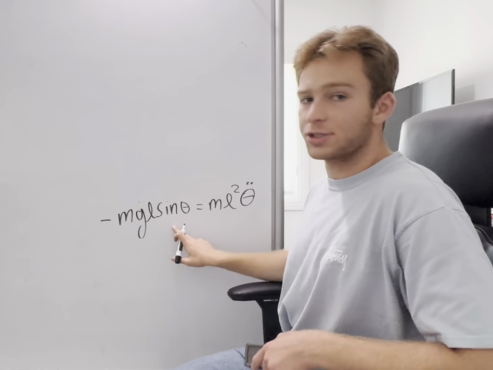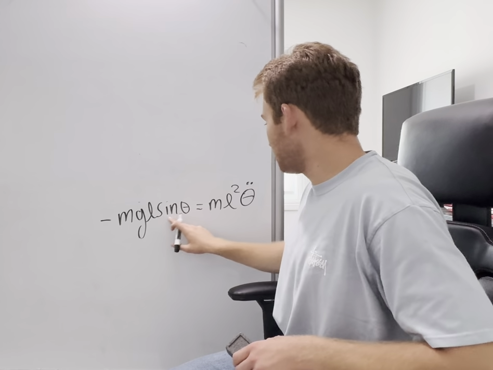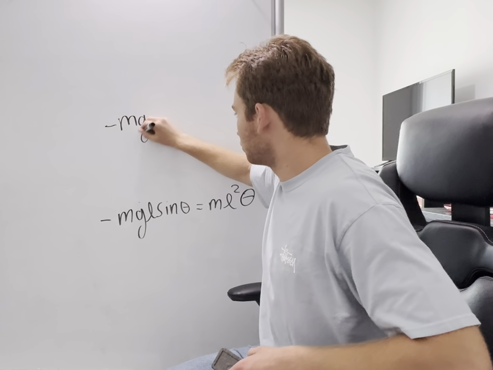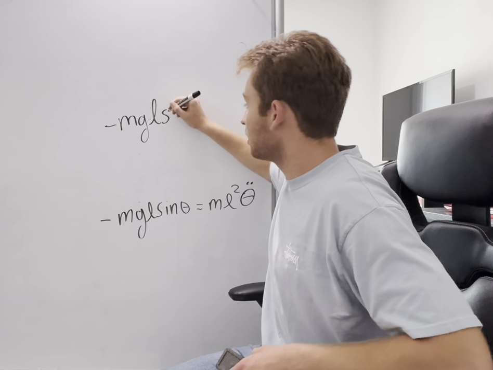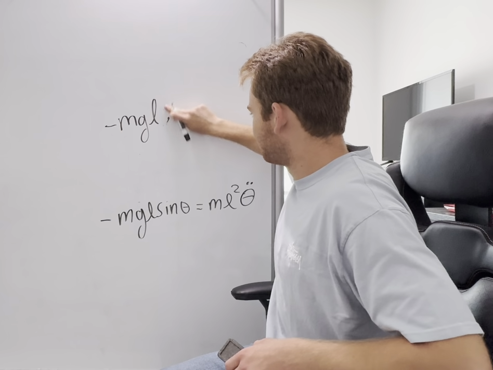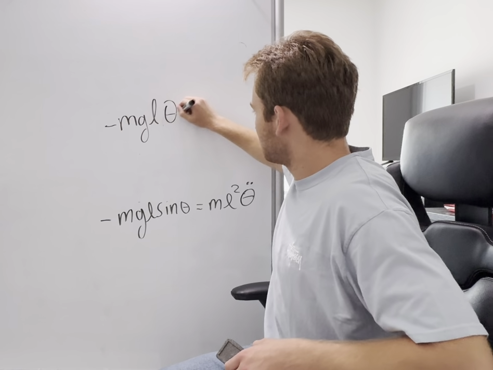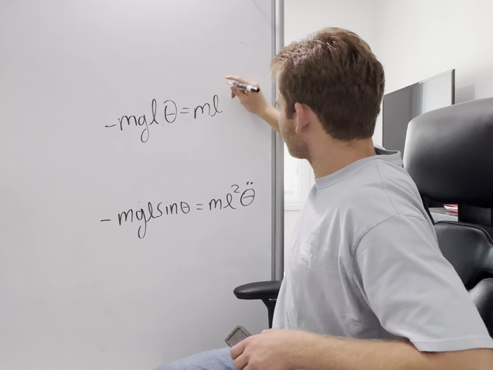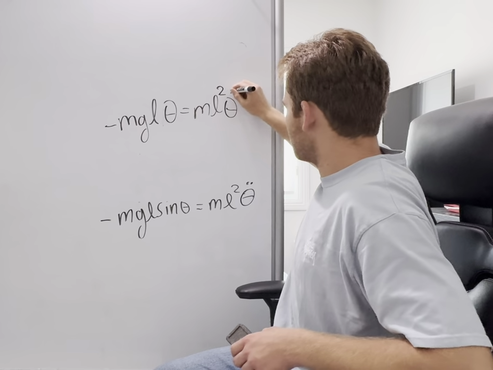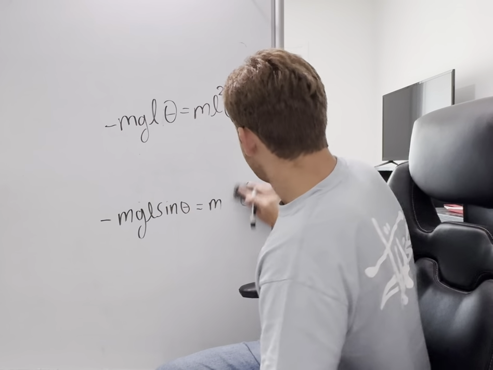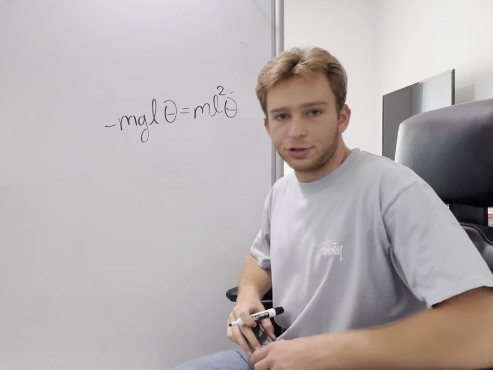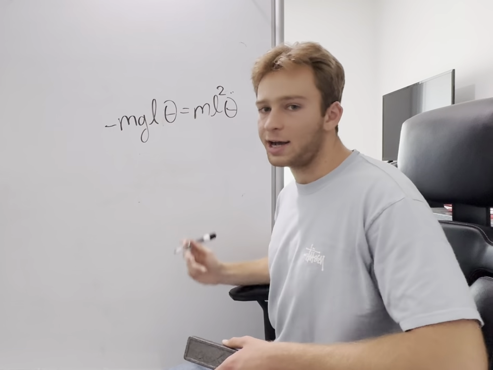So I'm going to take this equation, I'm going to rewrite it with sine of theta as just theta. So our new differential equation is negative MGL times theta is equal to ML squared theta double dot. And I can even simplify this more. As you'll notice, both sides have a mass term.